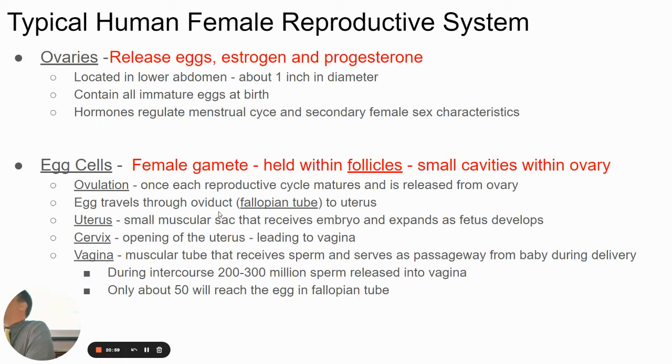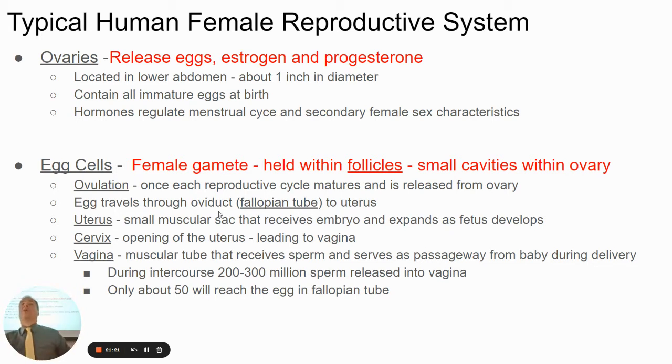The uterus is where the embryo, where the fetus is going to grow. Not in the stomach, even though people say that sometimes, like kids, that the baby's in the mommy's stomach. What would it be like in the stomach? Yeah, it'd be like hydrochloric acid, not a great place for an embryo to grow. So it's actually in the uterus.